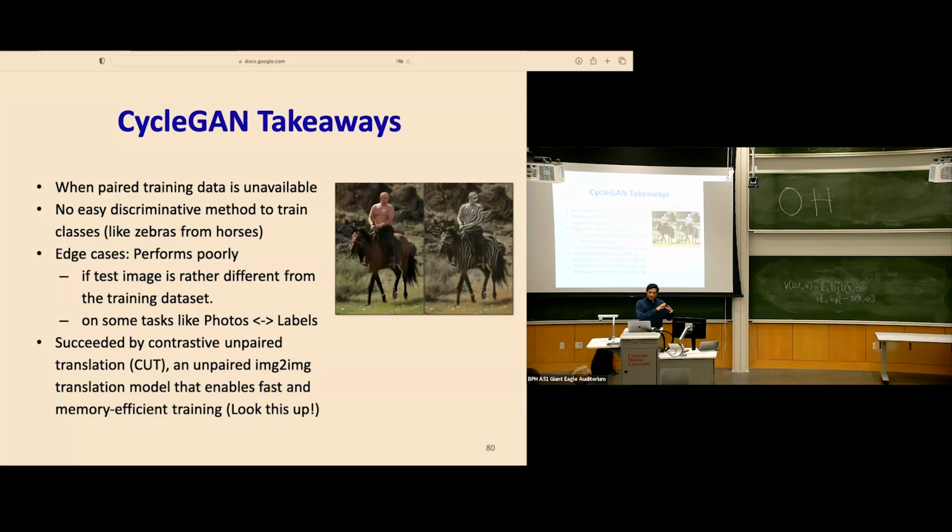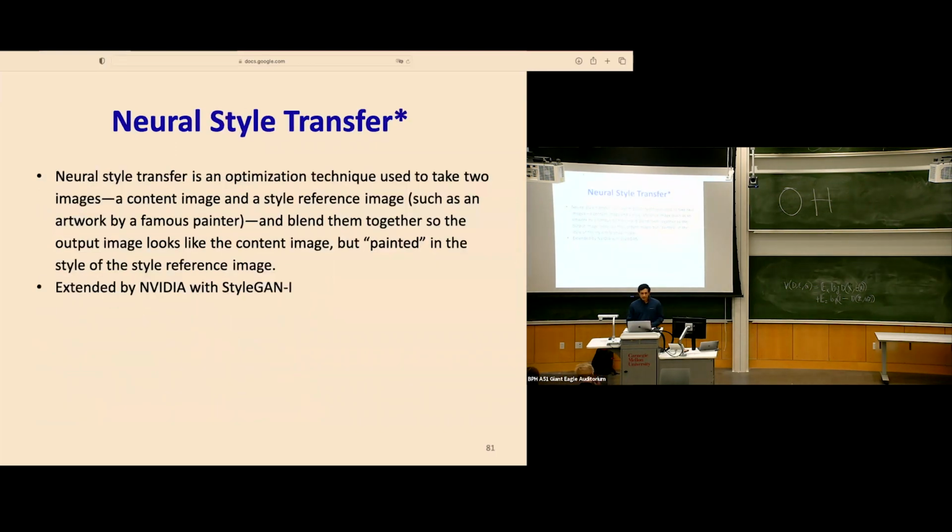So CycleGAN is a very commonly used GAN architecture, and it has some offshoots that have evolved into categories of their own. One notable category is neural style transfer. And this is an optimization technique used to take two images, a content image and a style image, and then it outputs a novel image which has the content of the first one and the style of the second one. It essentially blends them together.